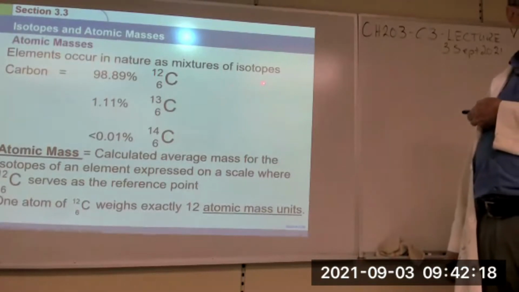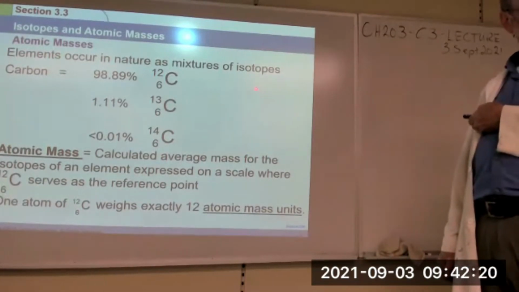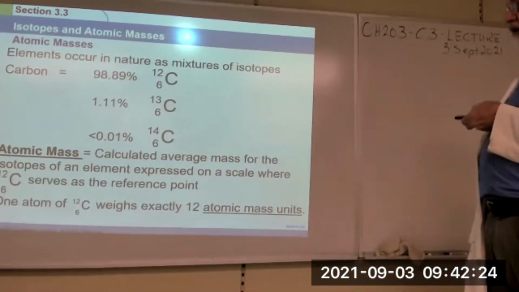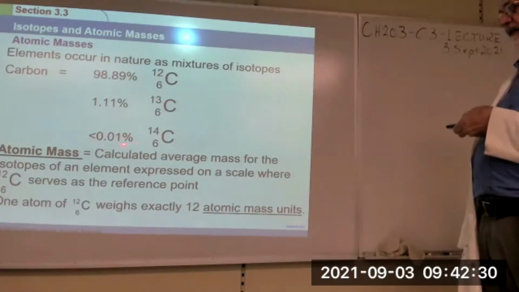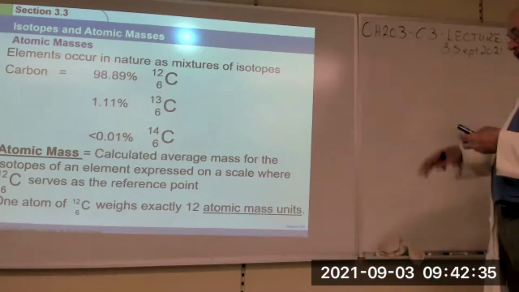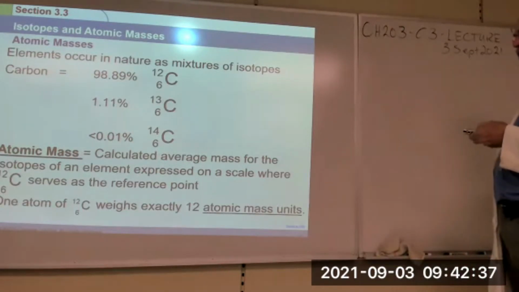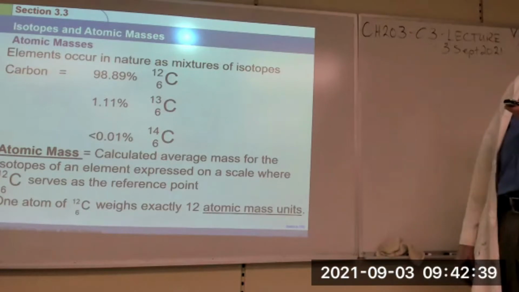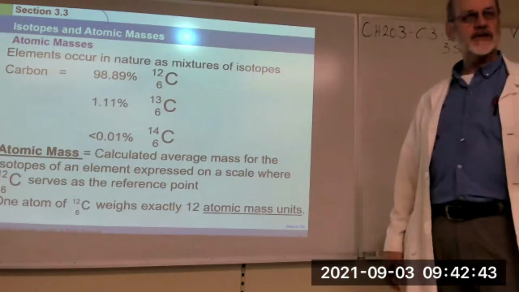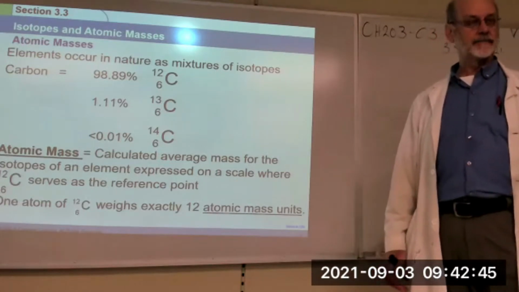That's its contribution to the atomic mass. Then you do the same thing here, 0.0111 times 13. And carbon-14 is so insignificant we won't even consider it. Then just add them together, and you get a value that's close to the one reported in the periodic table. Rounded off to 2 decimal places, it's 12.01.